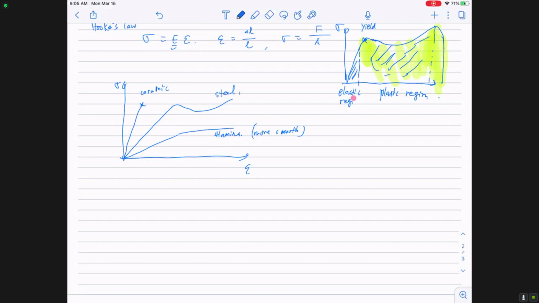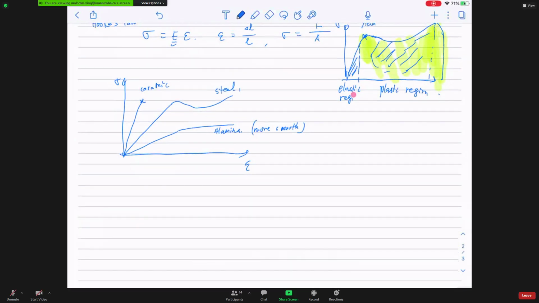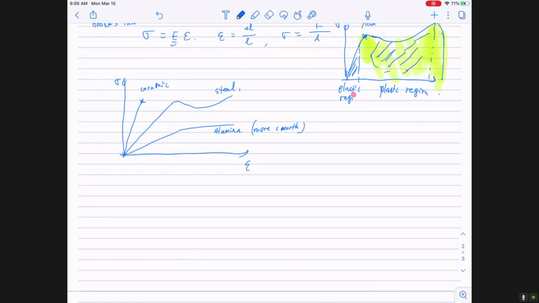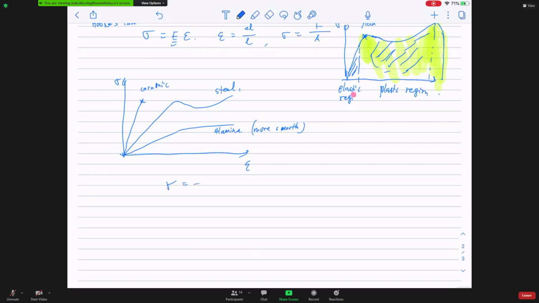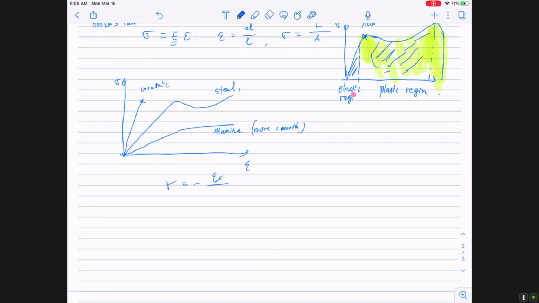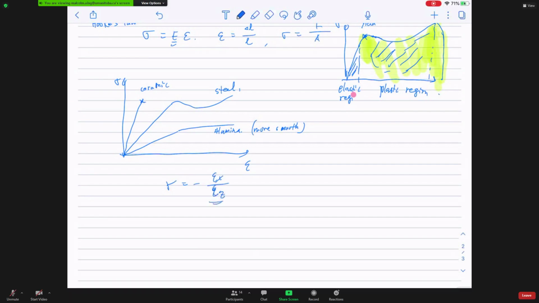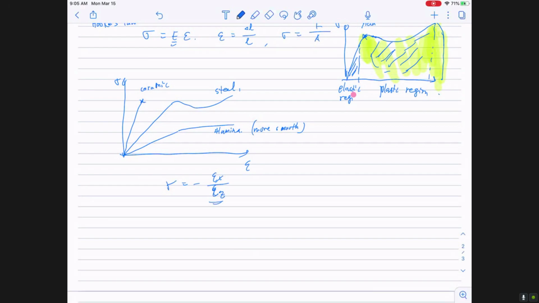And for this trend, we should consider another one, the Poisson ratio, right? One side elongates, the other side gets shortened or decreased.